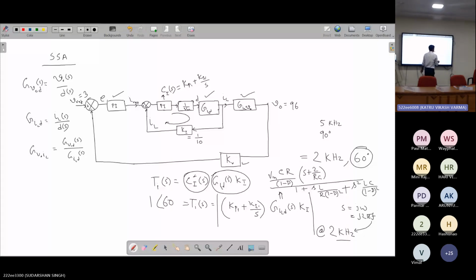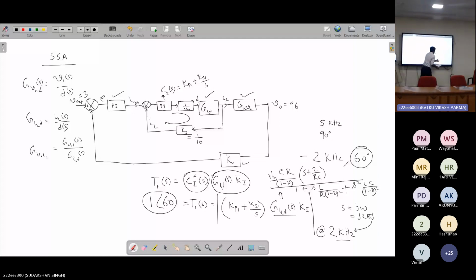If I evaluate at 2 kilohertz from this function, I will get some real part and imaginary part. Similarly, if I evaluate this, I will get a real part and imaginary part.